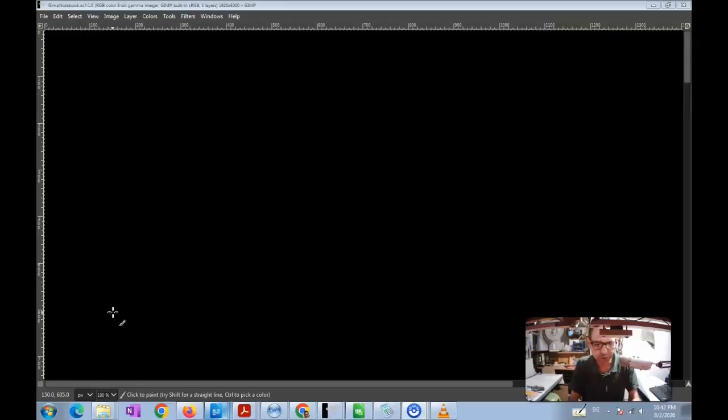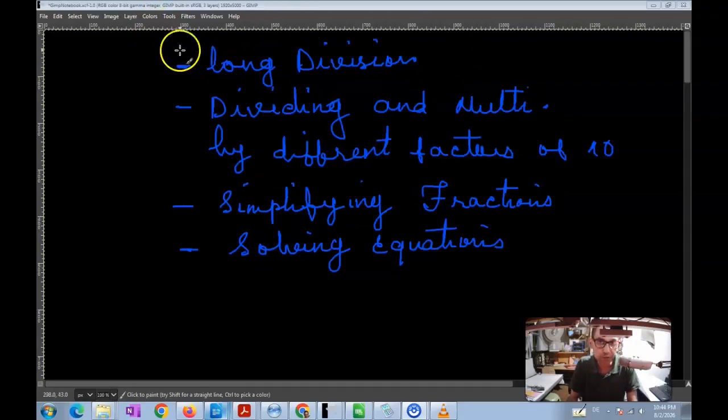And one of those things is long division. So we need to learn long division, meaning how to divide, and then we will automate that using long division. And then we will also have to learn a couple of things about dividing and multiplying by different factors of 10, which is very important when you want to do different operations on numbers.